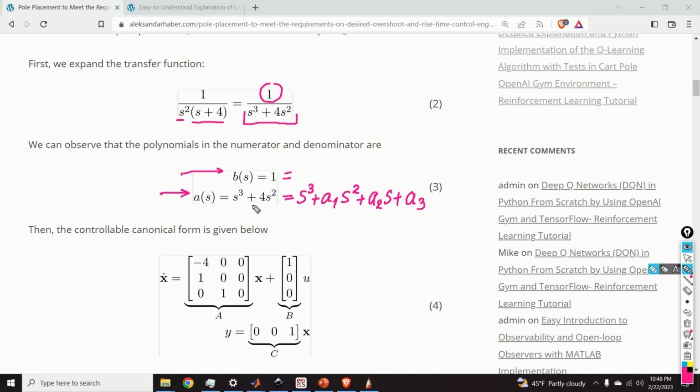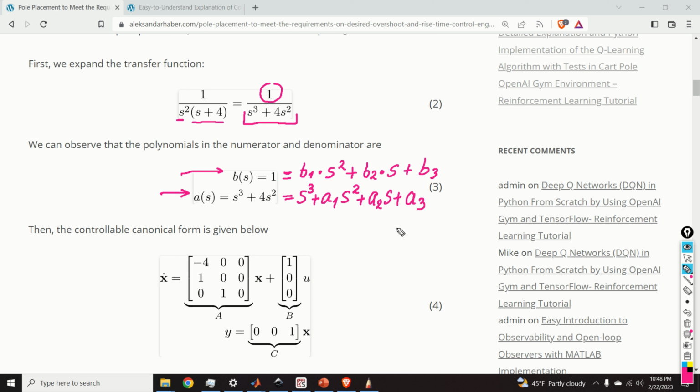And similarly, I will write the general form of the polynomial in the numerator of our transfer function. b of s is equal to b1 multiplying s to the power 2 plus b2 multiplying s plus b3.